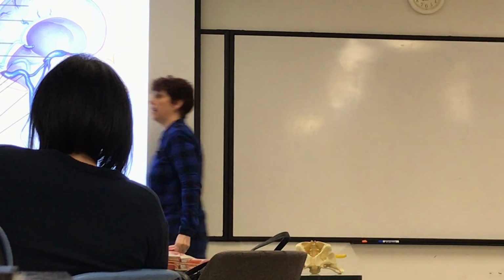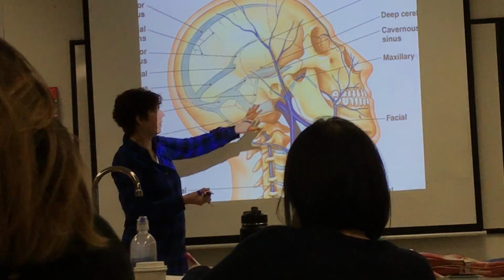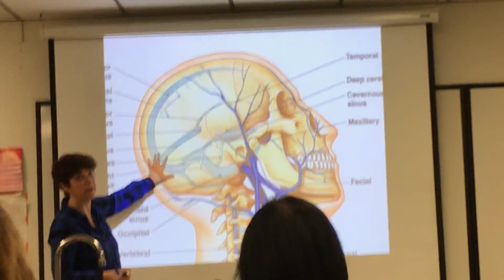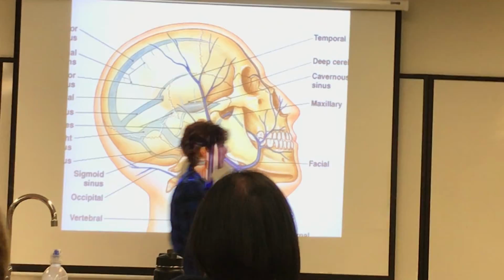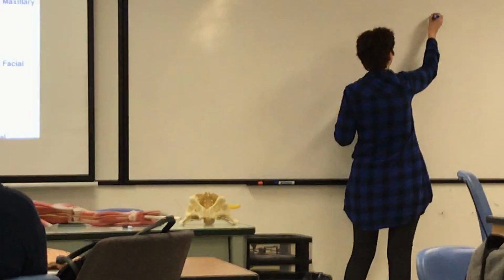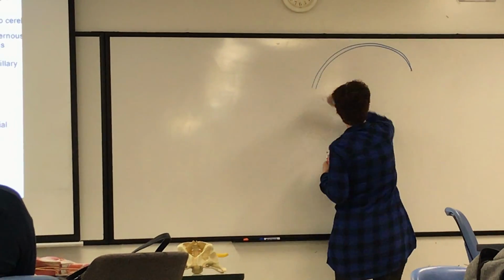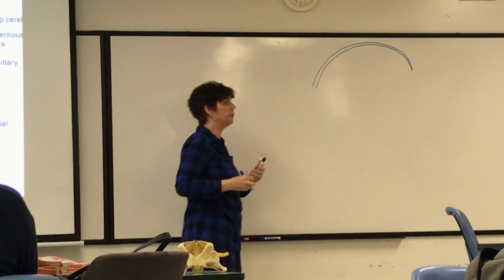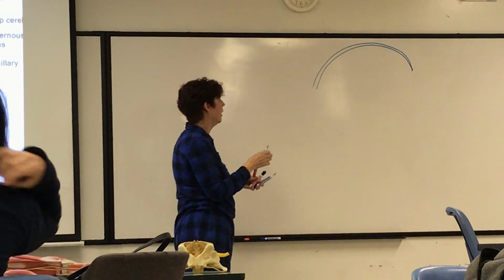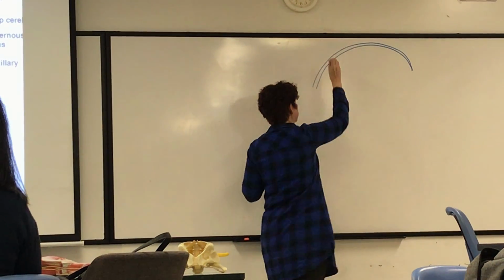So let me switch the diagram to this image. This one is showing both external veins and the deep veins. I'll draw that aspect, and I'm going to start all over again with number 1, as far as the numbers of structures. So across the top of the brain, over the space that would be the longitudinal fissure, we have the superior sagittal sinus.